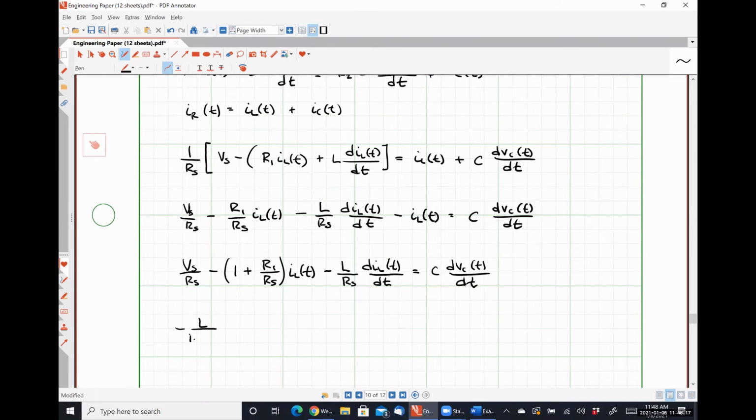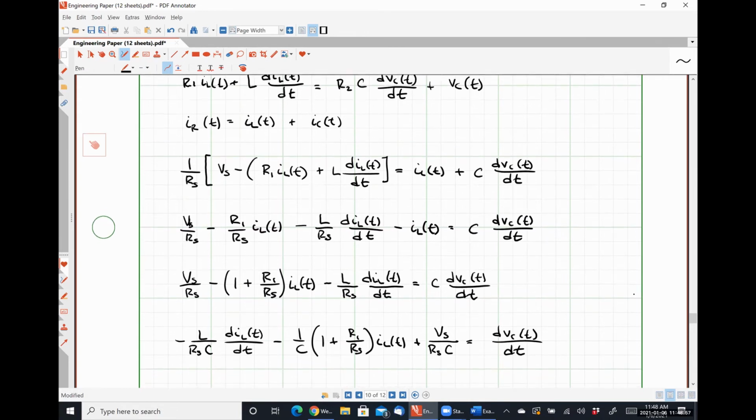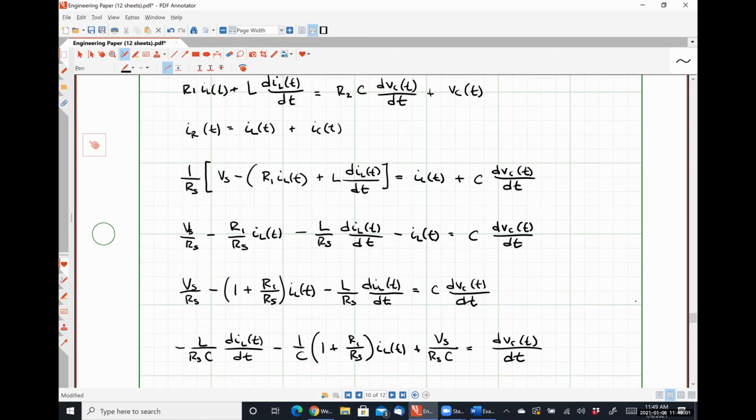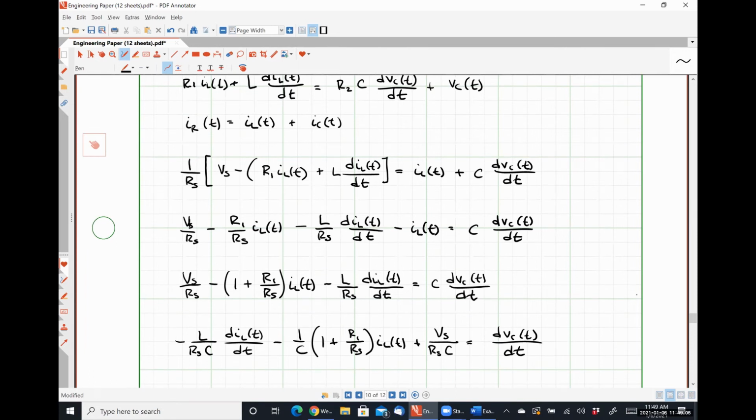Negative L over RS times C times the derivative of IL with respect to time minus 1 over C times 1 plus R1 over RS IL of t plus VS divided by RS times C is equal to dVc by dt. We okay with that algebra? All right.